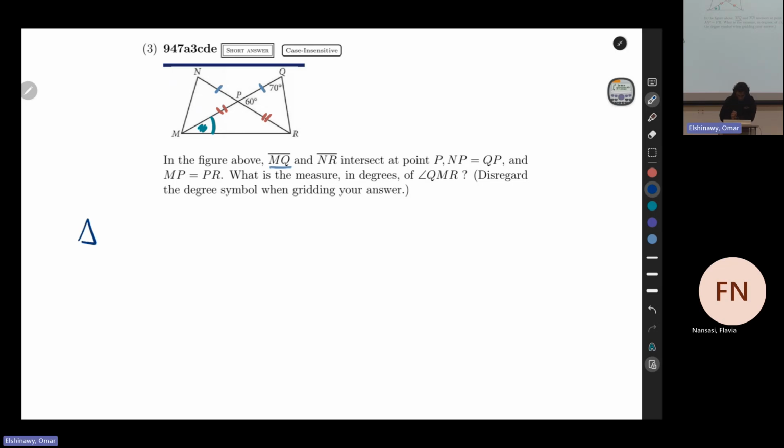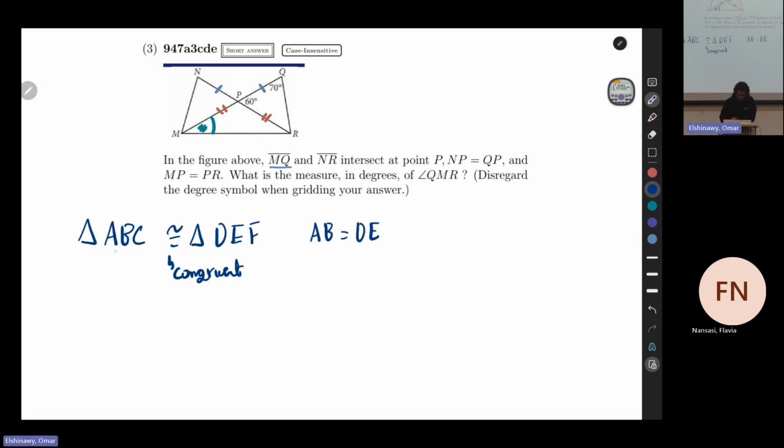Let's just assume right now that I say triangle ABC is congruent to some triangle, let's say DEF. Then what I'm saying is that the side AB is equal to side DE.